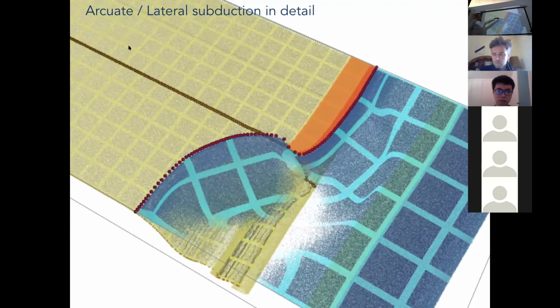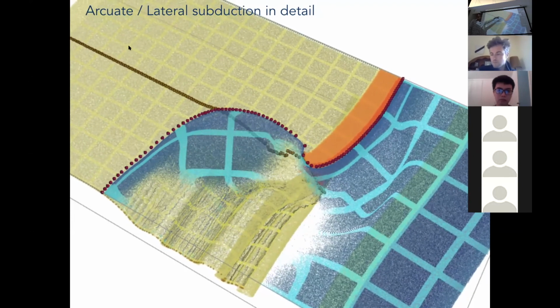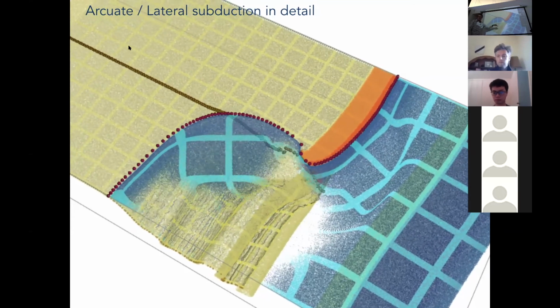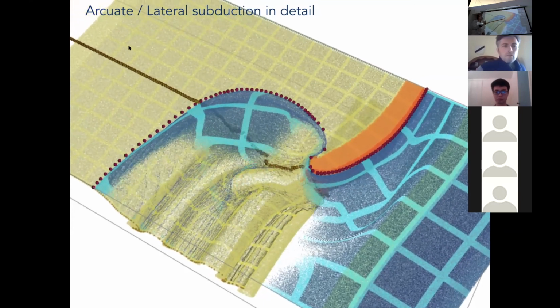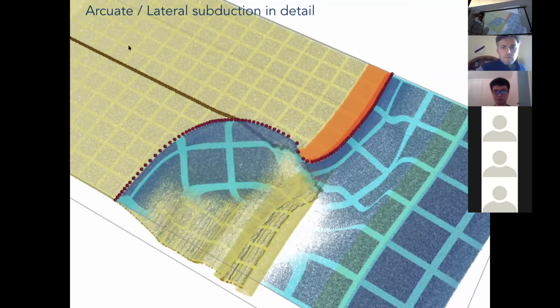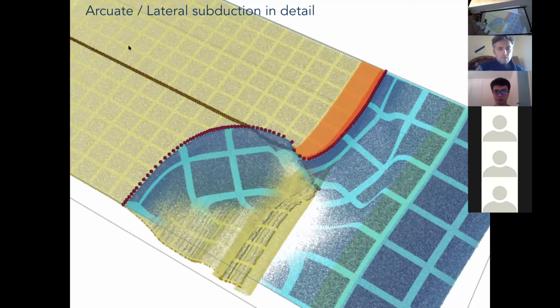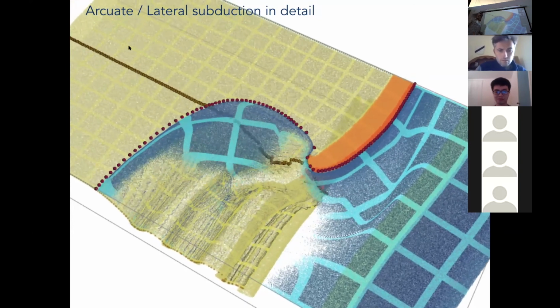Stuff is going straight down. Even when you see the trench going sideways, material is actually going into the system this way and straight down, pinned at this end here. Right? So very arcuate systems don't need to be created by subduction somehow going in some weird radial direction.